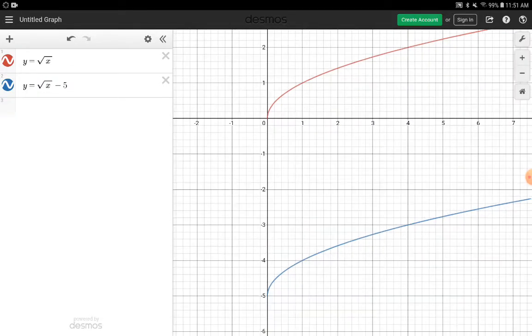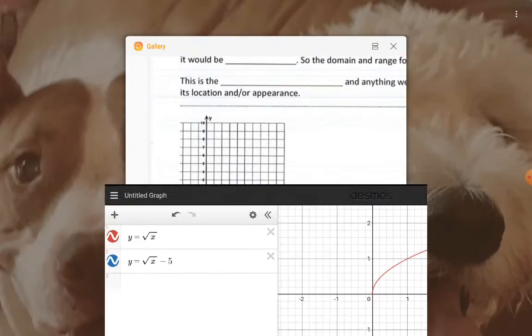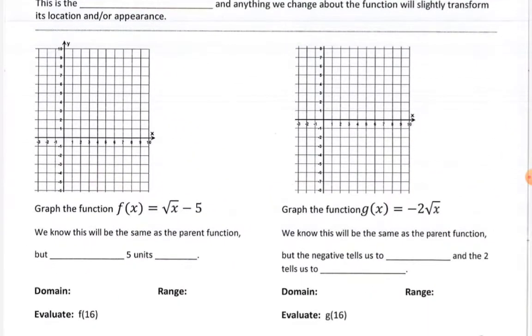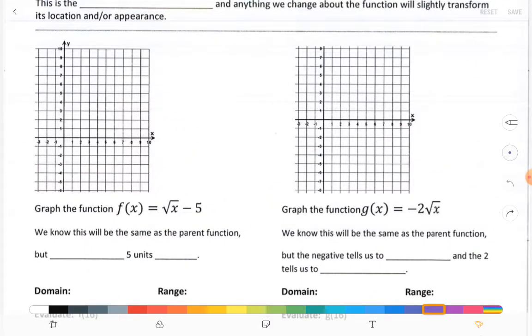Okay, and let's look at our graph. Do you see how the graph looks like the same shape? However, it's going down 5 units. Okay, so why is it going down 5 units? It's going down 5 units because of this negative 5. So we know that this is going to be the same as the parent function, but we're going to move this graph.